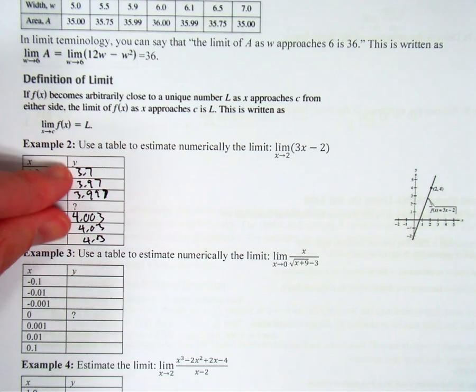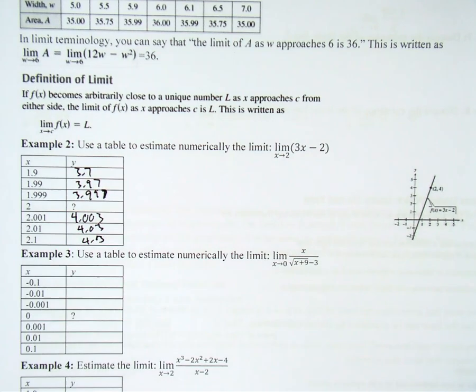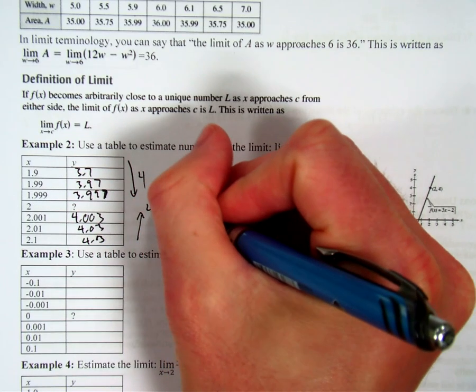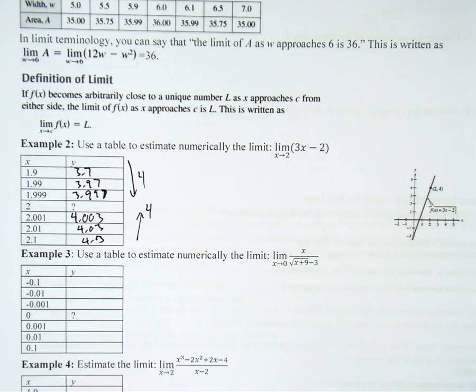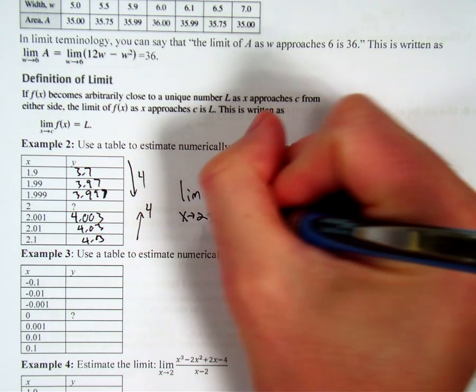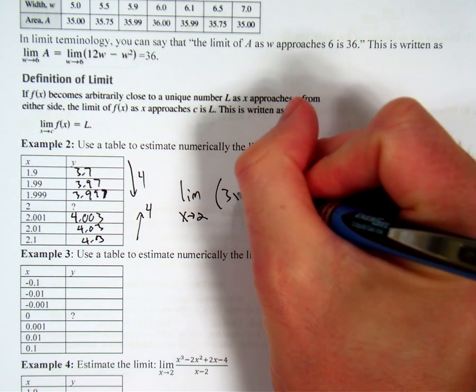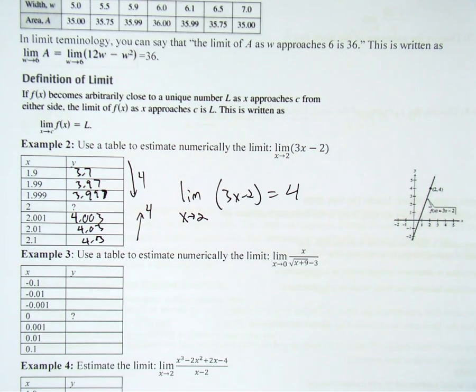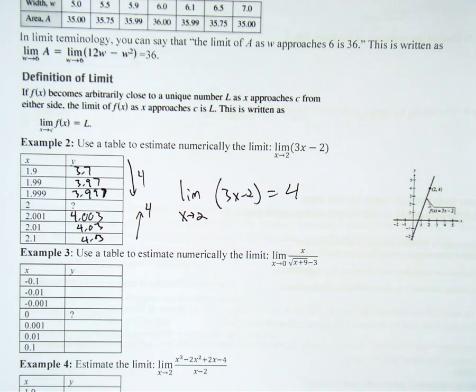We're approaching 4 from both sides. So the limit as x approaches 2 of 3x minus 2 equals 4, which we could have done on the graph, right? Because that one, there's no problem with that.